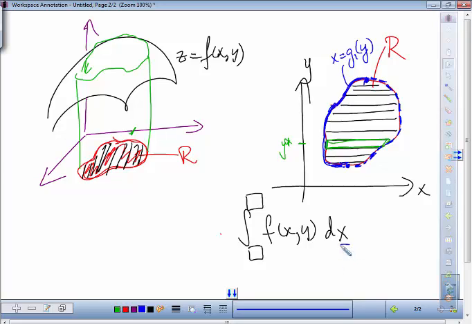When you're thinking about integrating with respect to x, I want you to be able to look for something with an x in it. X equals something. Okay. So this is one graph, and I could probably assume that the other graph is some other x as a function of y. Let's call it g2 of y.